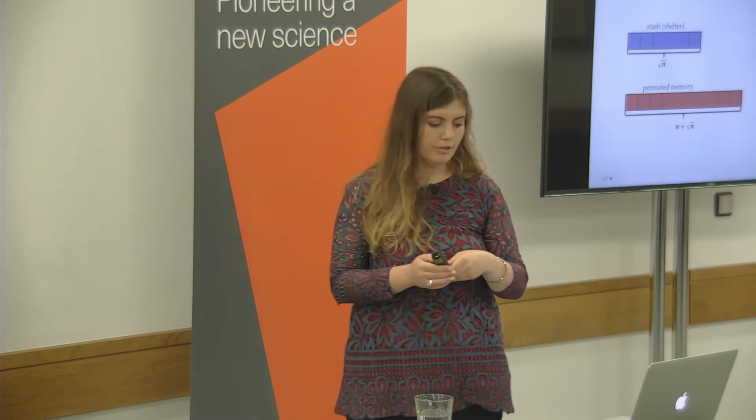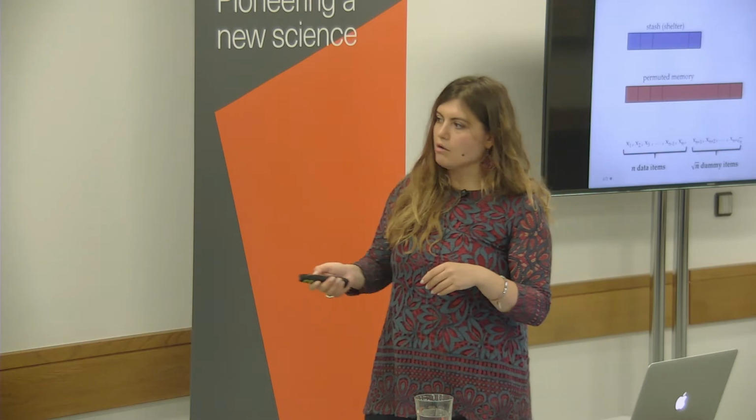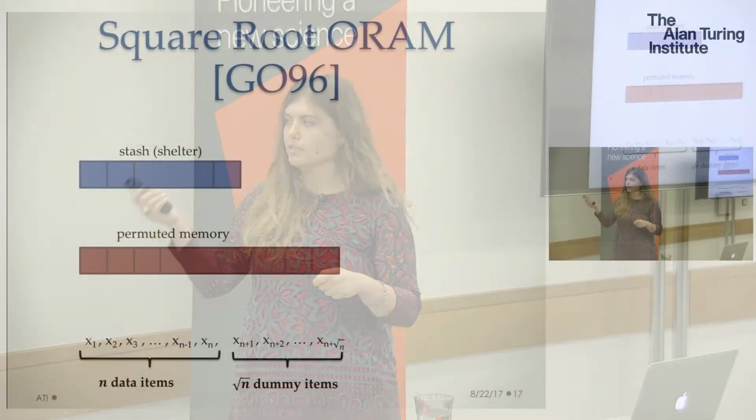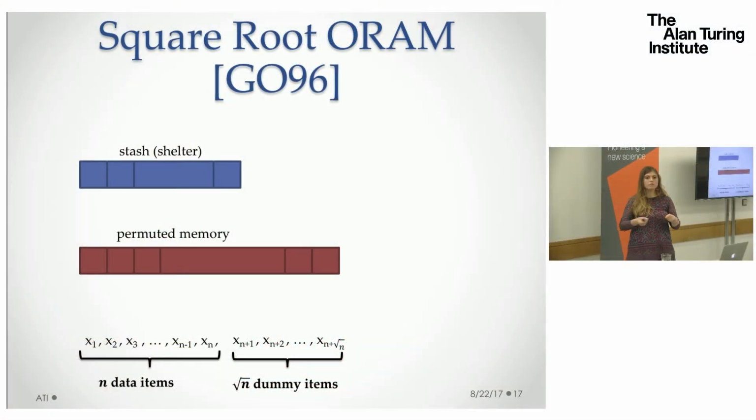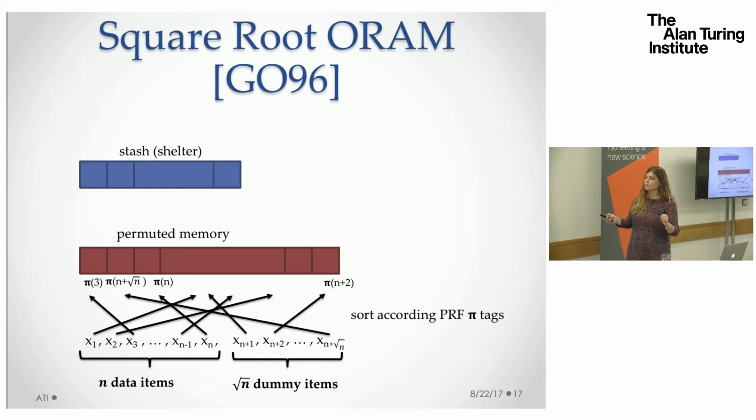These two, the stash and the permuted memory, will be the location where we will be placing our database. So our database will contain x1 to xn. Then we will generate square root of n dummy items. These dummy items will be helping us hide access patterns. Once we have these n plus square root of n items, we will permute them at random inside this permuted memory.